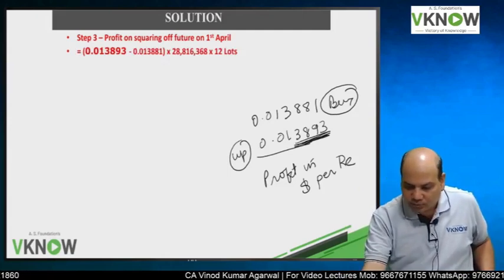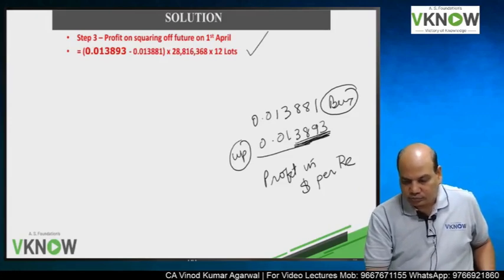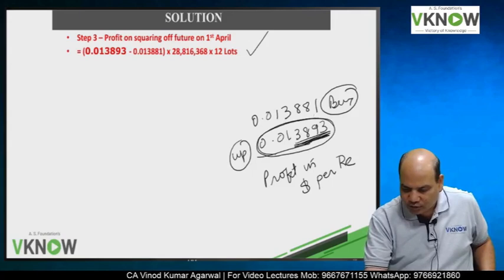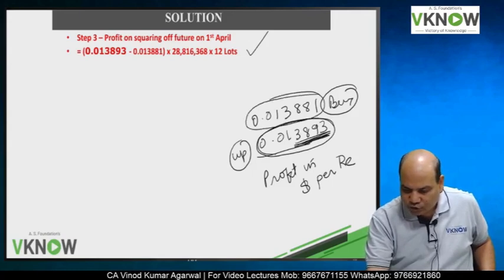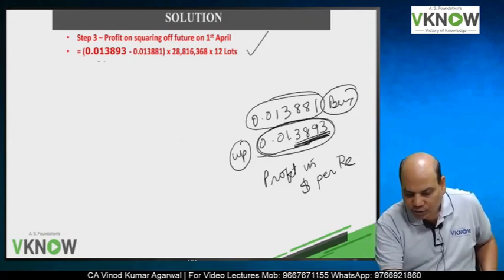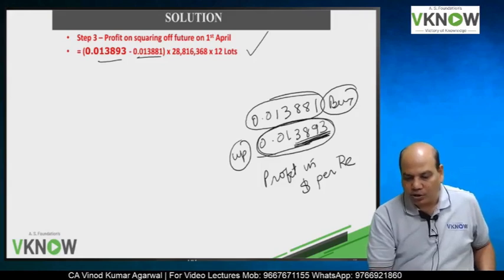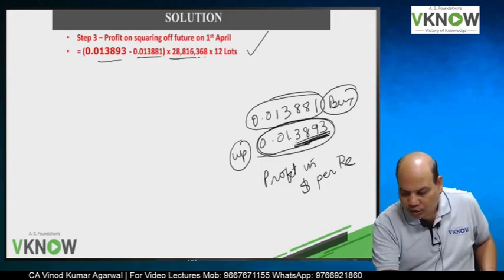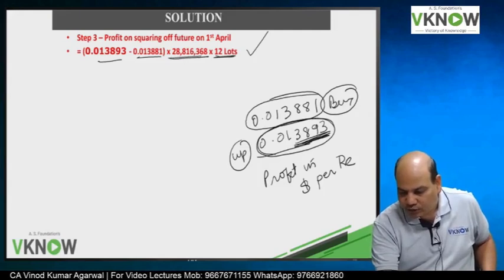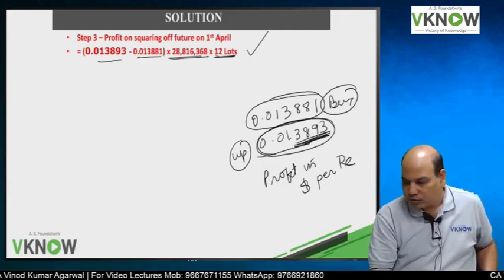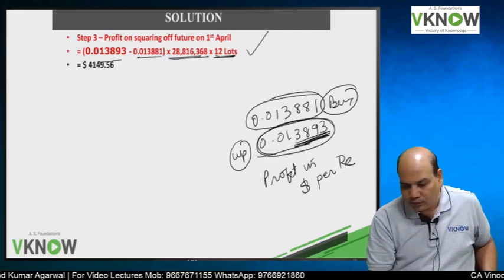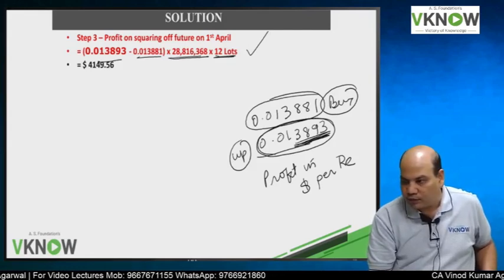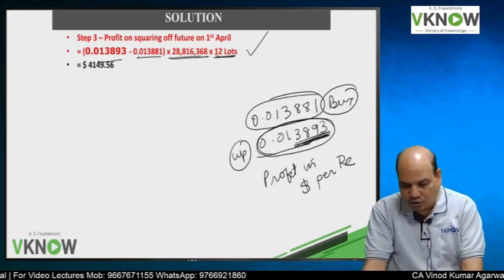This is an important calculation now. This is the 1st April future rate. This is the contracted future rate. So the difference between the two is our profit because the rate has gone up and we have taken a long position. This is one contract. This is 12 contracts. So the answer is $4149.56 gain in future contract.